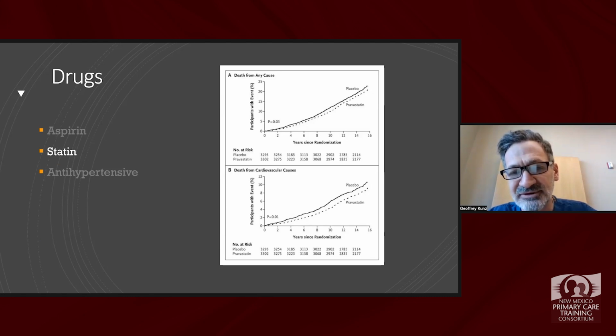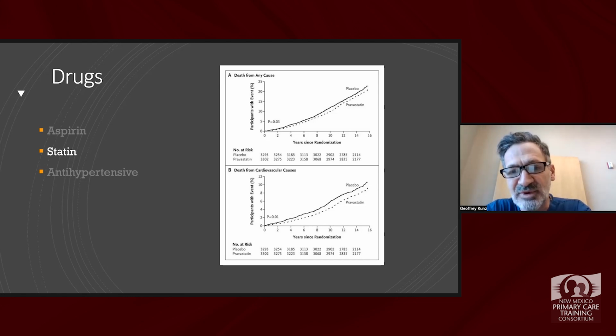It's a statin for the mechanism that I just explained: stabilization of plaque, reduction in risk of plaque rupture, and also slowing of the progression of coronary atherosclerosis. The gradual, non-rupture deposition of plaque is slowed, not stopped, with a statin. So it helps both for primary and especially for secondary prevention.